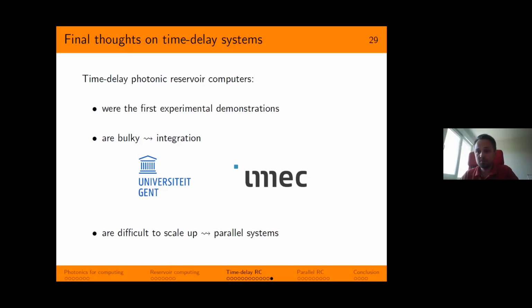But to do that, we will have to reduce the speed of the system. So the need for bigger reservoirs working in parallel motivated a new avenue of research in photonic reservoir computing, which is now called parallel large-scale reservoir computing, which we will discuss in the next section.